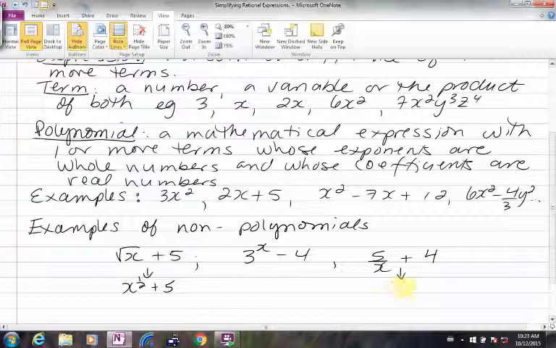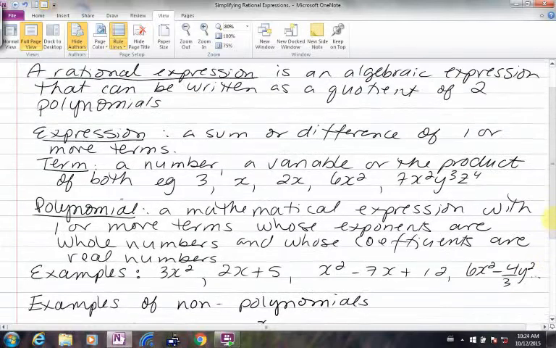Pardon me? A negative exponent. So this would be 5x to the negative 1 plus 4. Negative 1 is not a whole number, right? So these are examples of non-polynomials. So none of our numerators or denominators are going to look like that. Okay, so it's important to know what a polynomial is, but it's also important to know what a polynomial is not.